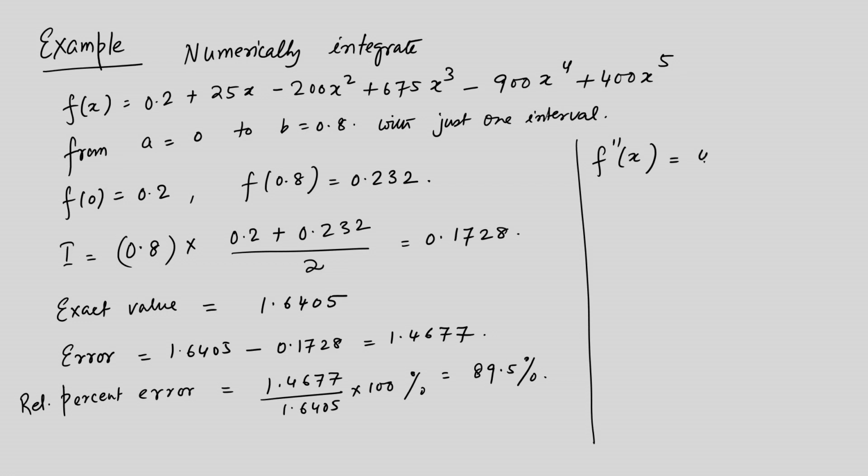So, this is equal to minus 400 plus 4050 x minus 10,800 x square plus 8,000 x cube. And so, this x actually lies at a point between a and b, where a equal to 0 here and b equal to 0.8. So, we need to actually find out the average value of the second derivative.